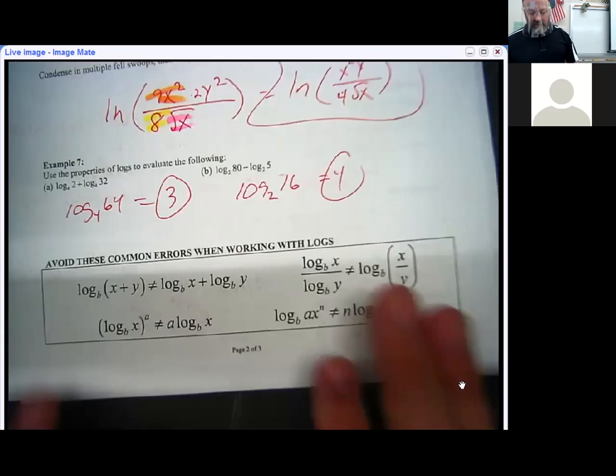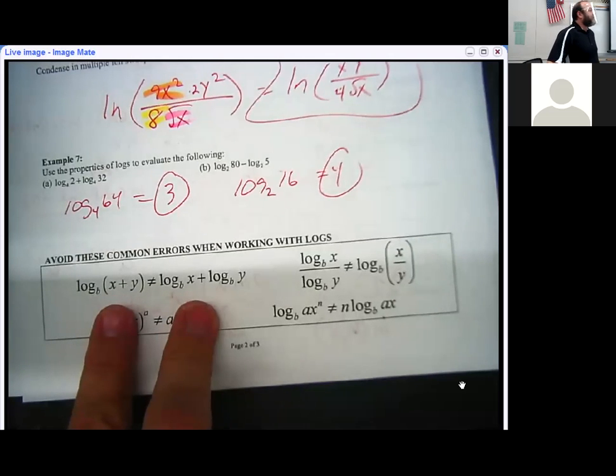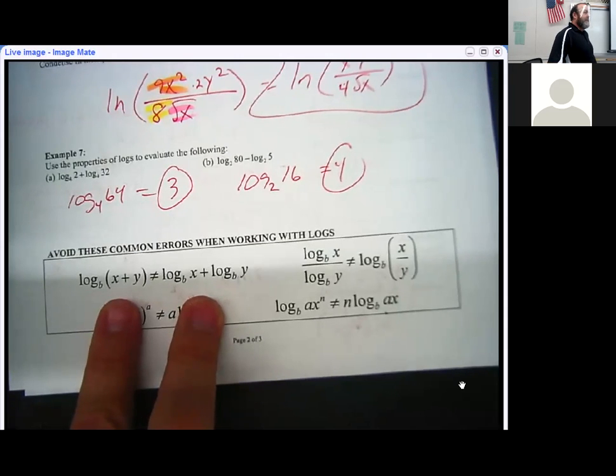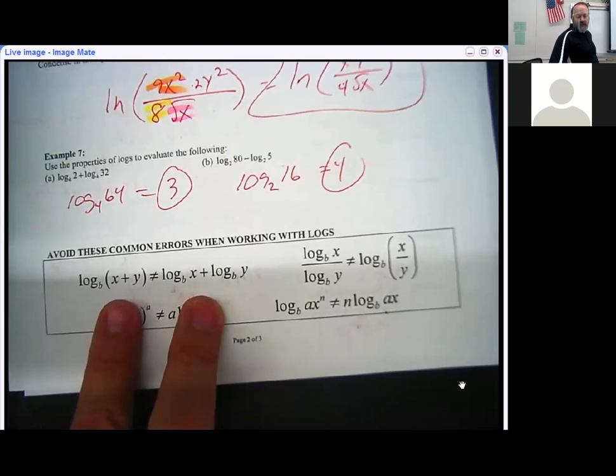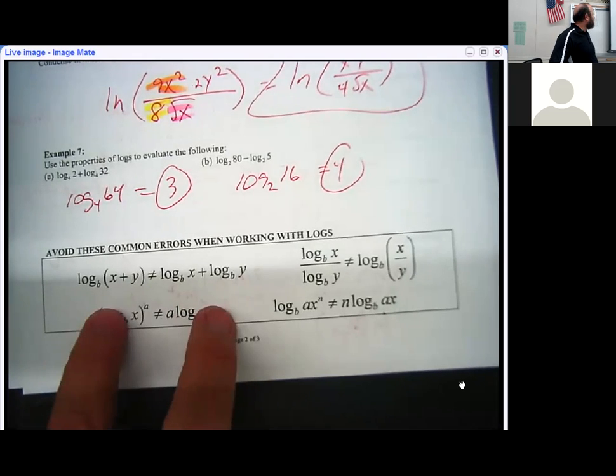Now, common misconceptions. This is what screws people up. Does this look plausible, everybody? Look at it. If you look back at your rules, does that look kind of like what we did? Did you catch what was wrong? It wasn't supposed to be the log of x plus y. What was it supposed to be?